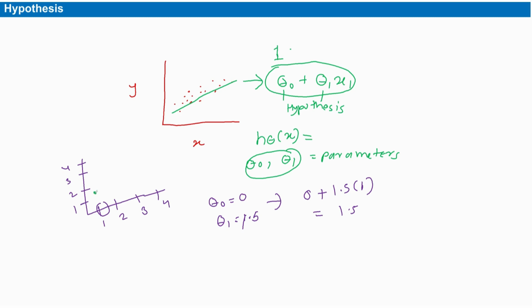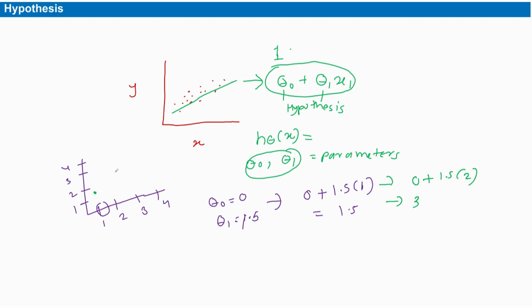This point. Then when x1 is equal to 2, the equation becomes 0 plus 1.5 into 2, which is 3.